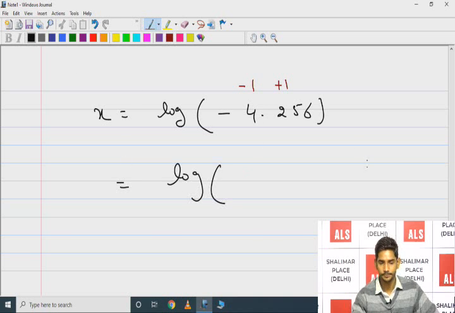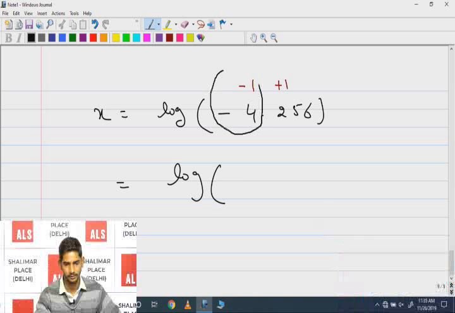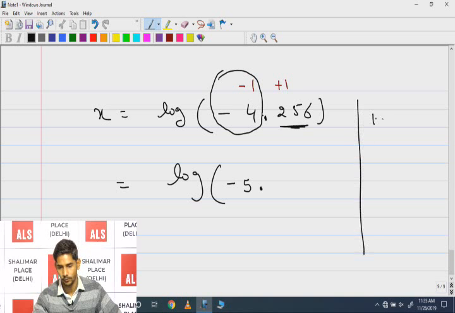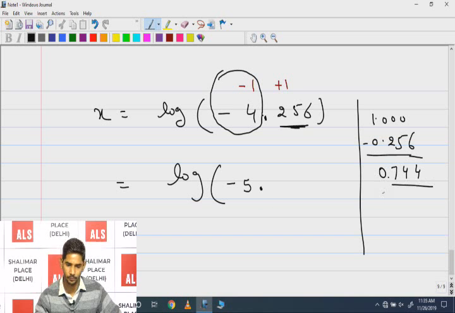I can say that minus 4 and minus 1 can become minus 5. Now this number has to be subtracted from 1. So what can I say? 1.000 minus 0.256. Subtracting this will become 0.744. And you will put this number here, 744.